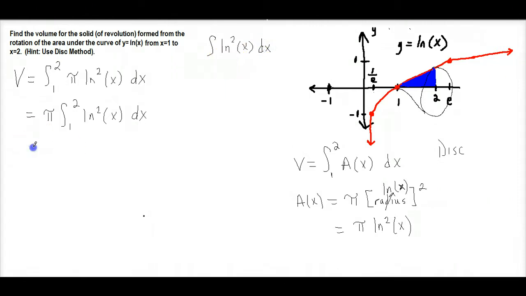So please review that video if you haven't seen it. If you have, then you know that the indefinite integral will be x natural log squared of x minus 2x natural log of x plus 2x. And so since we're doing a definite integral from 1 to 2, we want to take this piece and evaluate it from 1 to 2.